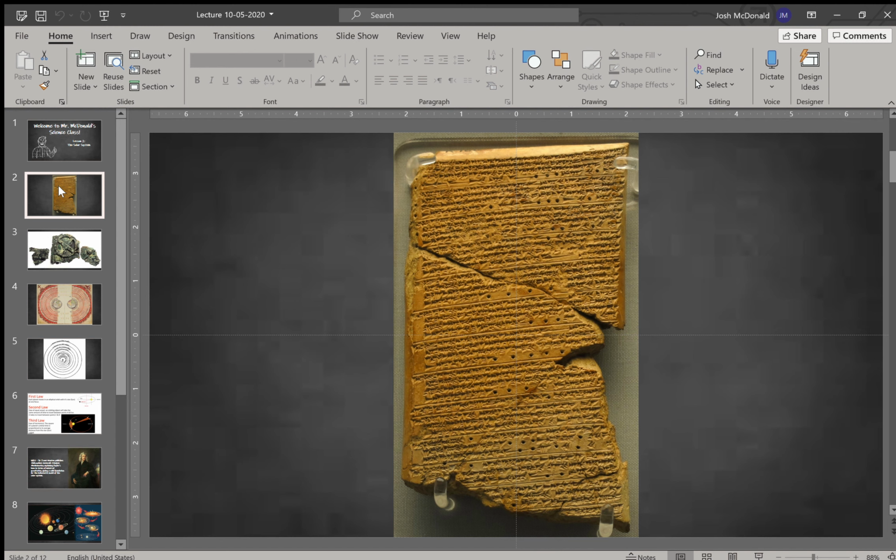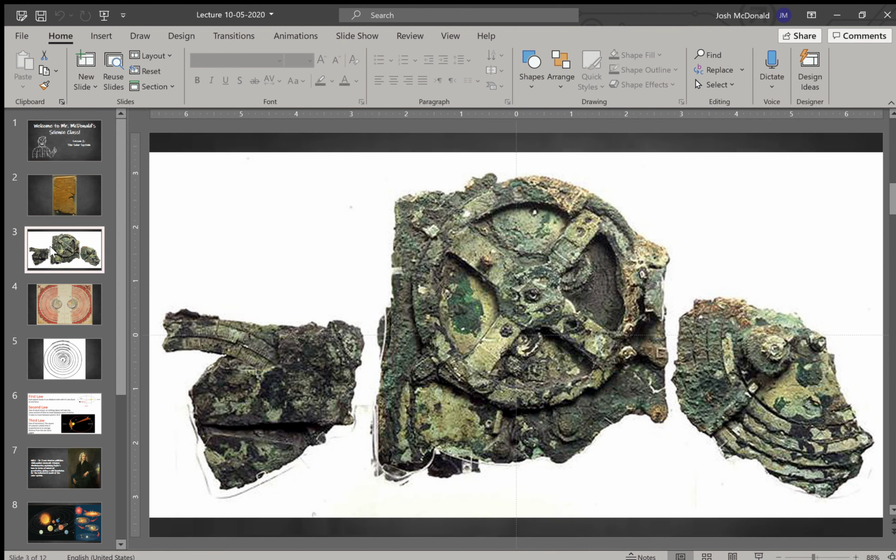Fast forward to 87 BCE, and you have what's called the Antikythera mechanism. This is the world's first known analog computer. It was a very complex orrery, meaning it was a model of the movements of objects in the night sky, and it was most likely used for navigation.